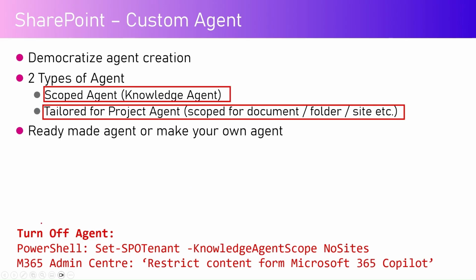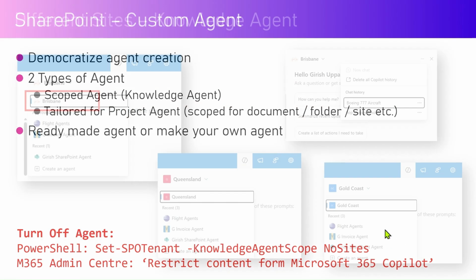Now, for the default agent which comes out of the box, there are a couple of ways through which you can turn off the agent. In M365 Admin Center, you get an option of restrict content from Microsoft Copilot. And you can even run a PowerShell command to disable the knowledge scope agent.